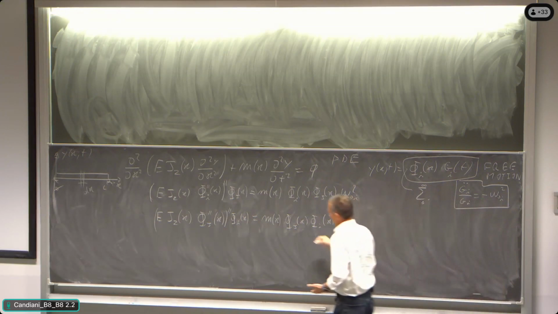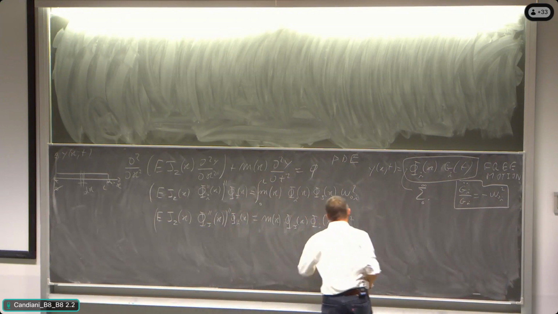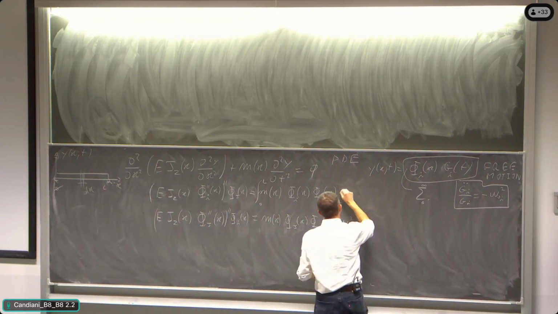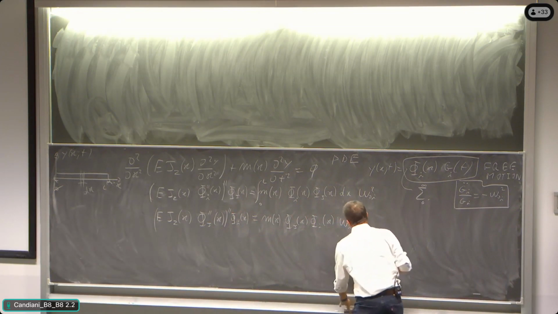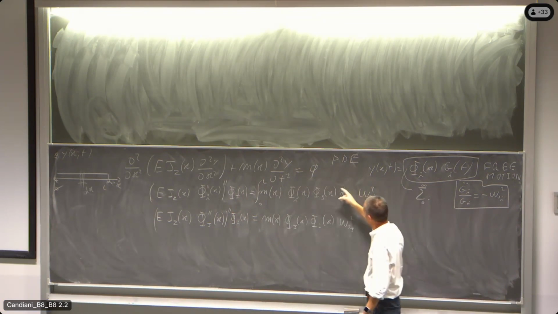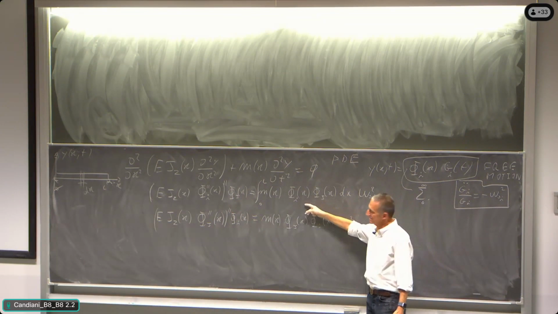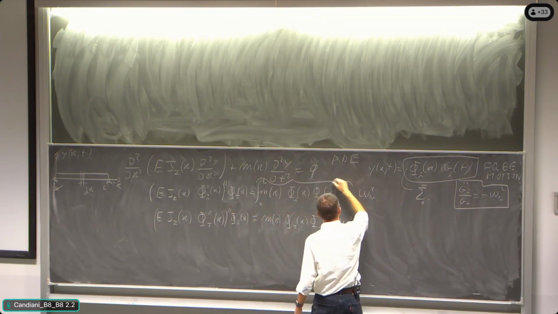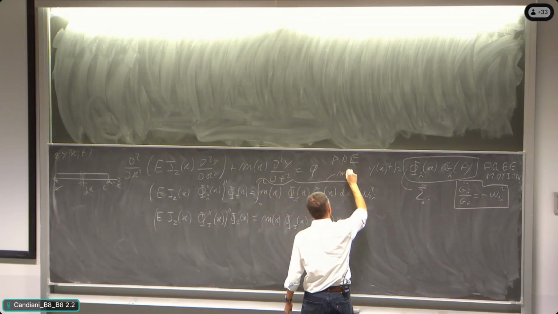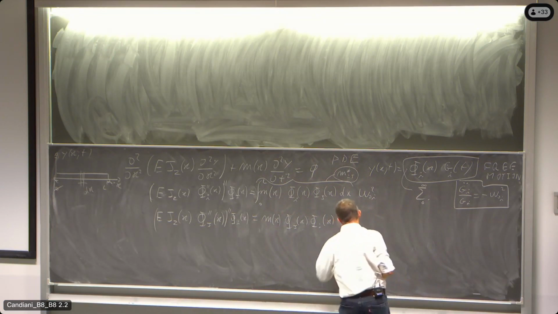Because if now I write here the integral from 0 to L over dx, what is that? The modal mass ij. I recognize that this object here is m star ij. All right? I do the same here.